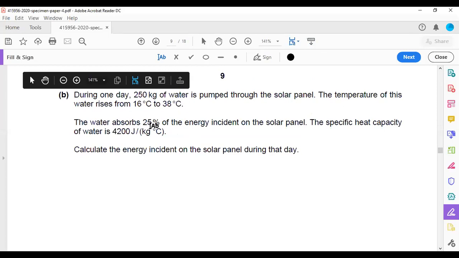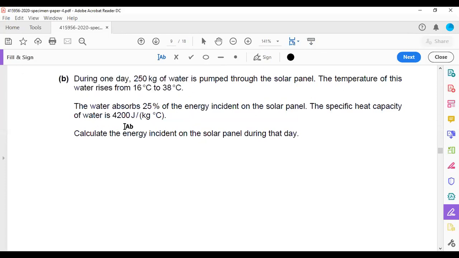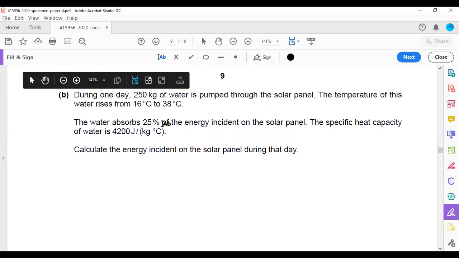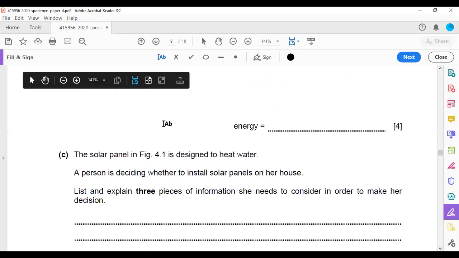The water absorbs 25% of the energy incident on the solar panel. The specific heat capacity of water is 4200 joules per kilogram degree Celsius. Find the energy incident on the solar panel during the day.